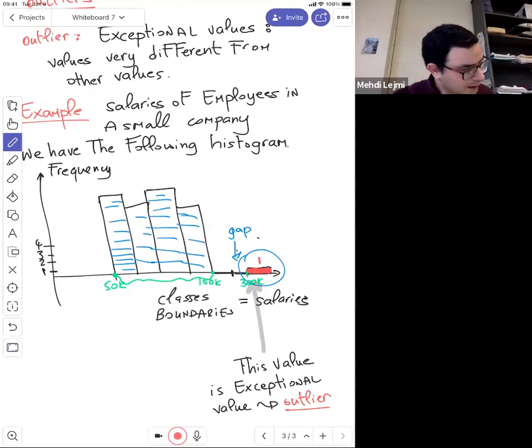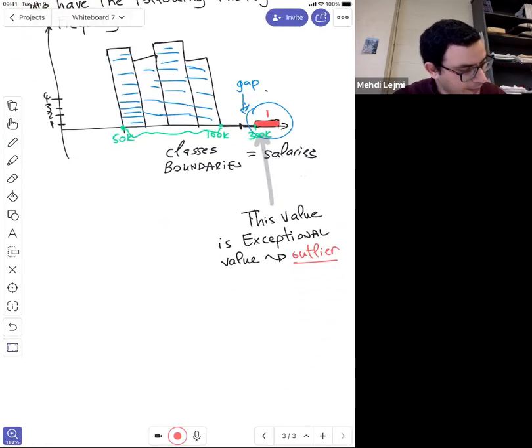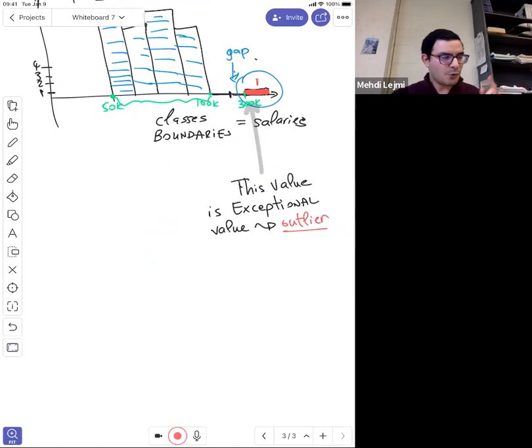All right, so we have the outliers. Okay, and then we know how to represent the frequency and the relative frequency. Now the cumulative frequency.